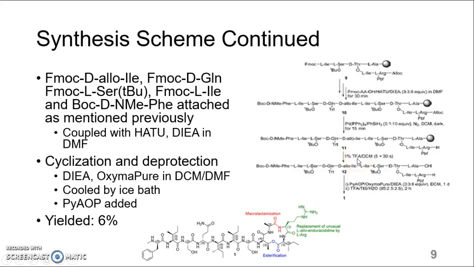No, it's trifluoroacetic acid, sorry, and DCM, and that just detaches the peptide from the resin. And this cyclization and deprotection is done using DIEA and OxymaPure mixed in DCM and DMF. It's then cooled in an ice bath, and PyAOP is added, and that results in a yield of this teixobactin analog of 6%.